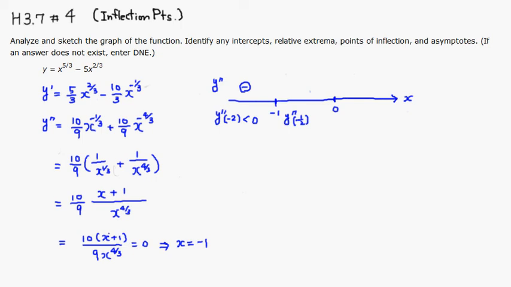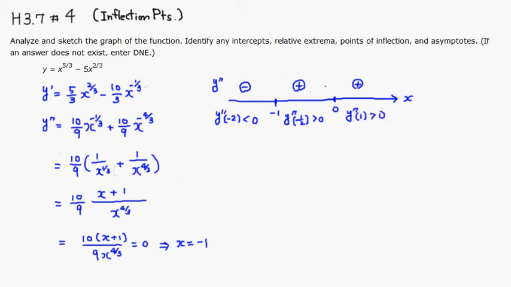The top is positive and the bottom is always positive, so it's positive. After 0, you plug in a positive value, say 1, so positive.